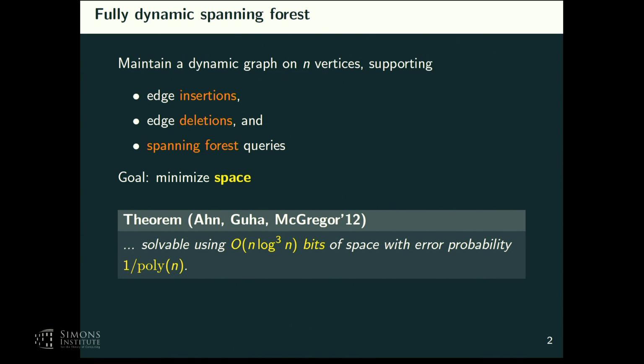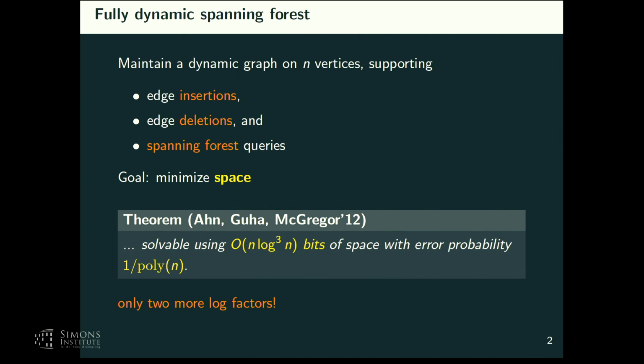Ahn, Guha, and Andrew McGregor designed an elegant solution to this problem that uses O(n log^3 n) bits of space, with error probability 1 over poly n. Compared to the incremental spanning forest problem, this is using only two more log factors.